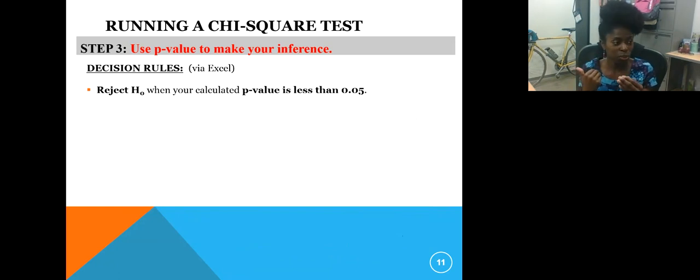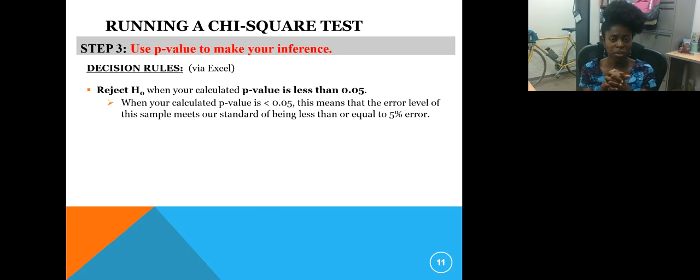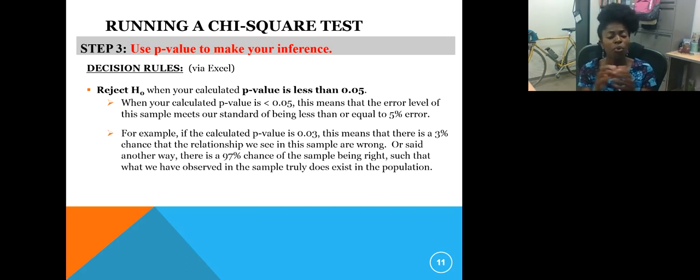It's less than 0.05, or it might be 0.05 on the dot, but hey, 5% error, we're willing to accept that, right? Anything higher? No. So what does that mean? Well, the p-value that we calculated, we just press enter, boom, we got our p-value. It's telling us, say, 0.03.